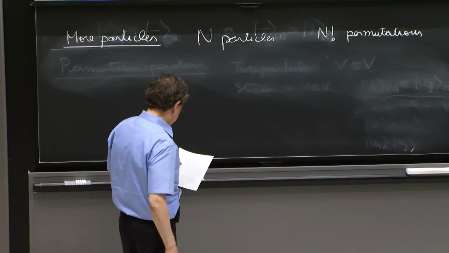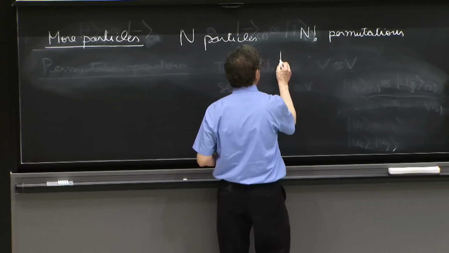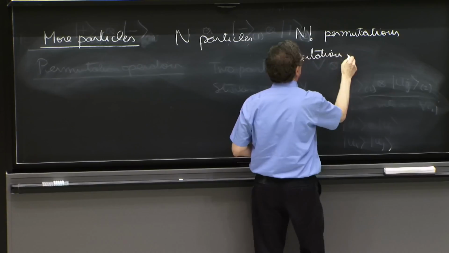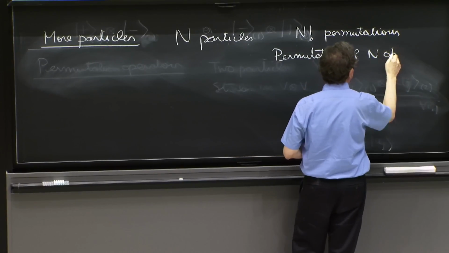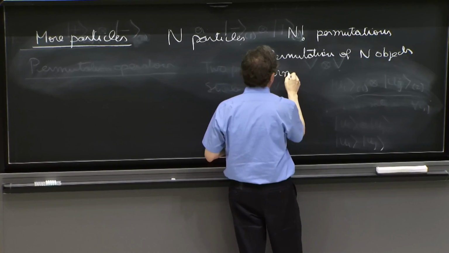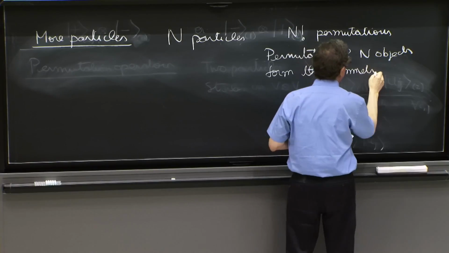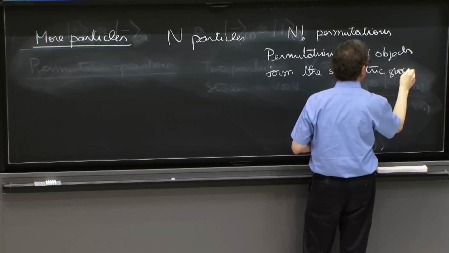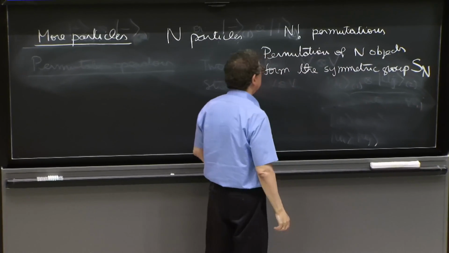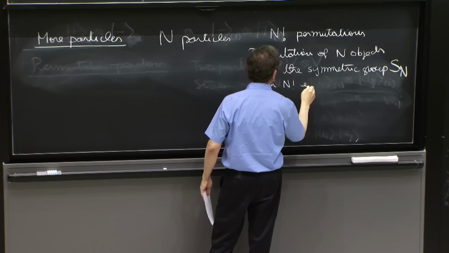The permutations form a group. So the permutations of n objects form the symmetric group S capital N with n factorial elements.